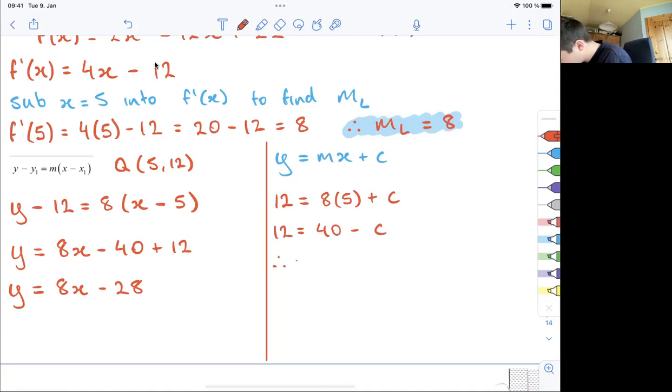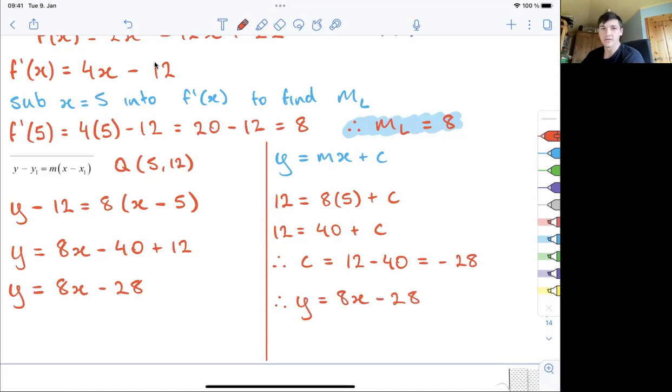Therefore c is going to equal 12 minus 40, and that's going to equal negative 28, and so therefore y is equal to 8x minus 28. And so there you have it, two ways of answering the same question and getting the equation for line L.